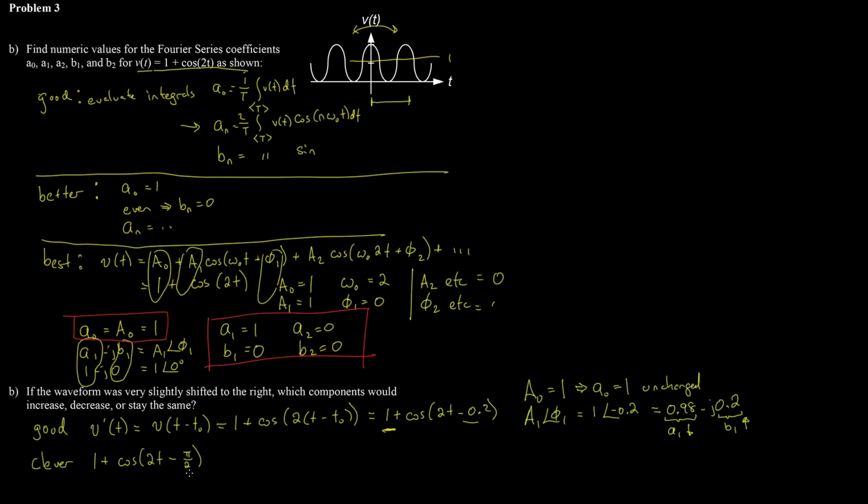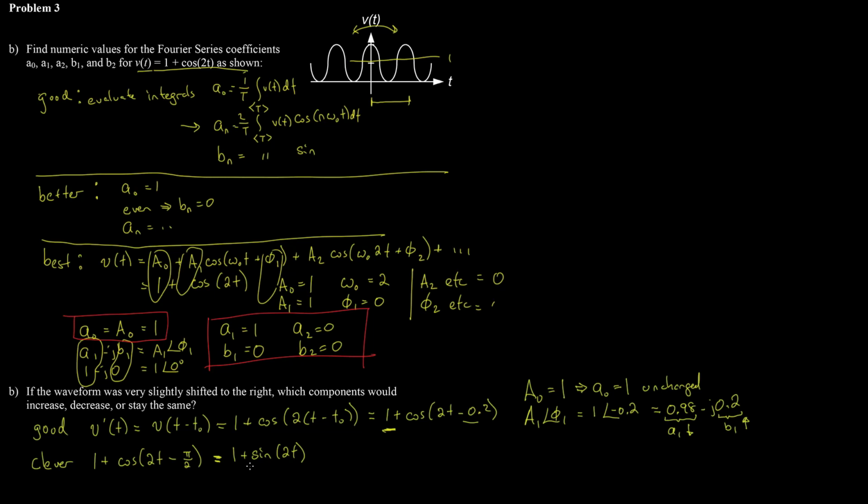And that's a critical value, because whenever you subtract pi over 2 from a cosine, that's the same thing as saying it's sine. As we delay it more and more, what we begin with, 1 plus cosine of 2t, starts to morph into 1 plus sine of 2t.